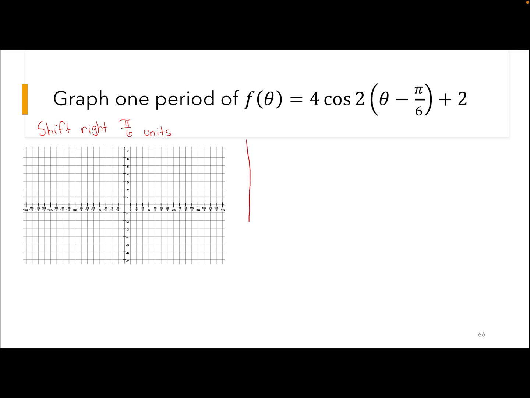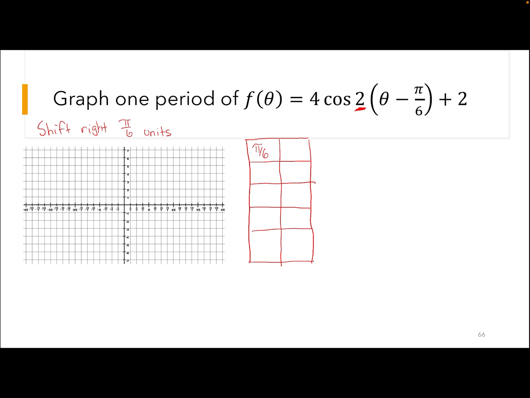Cool. So that's our starting point in our table, whatever our phase shift is. So the first value that we're going to have is pi over 6. Now we're going to get some squirrely fractions when we're doing this, I think.